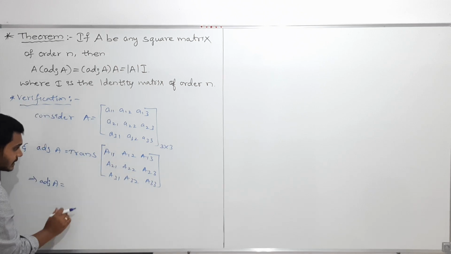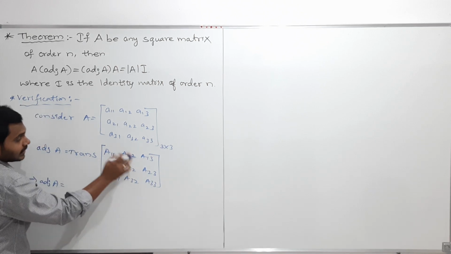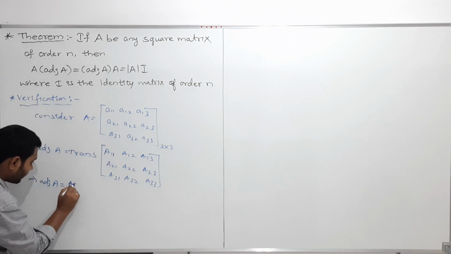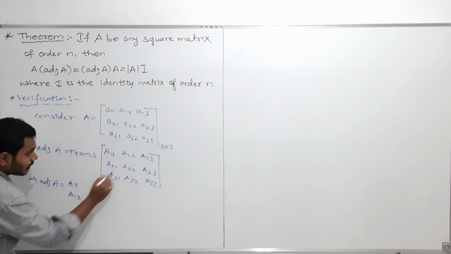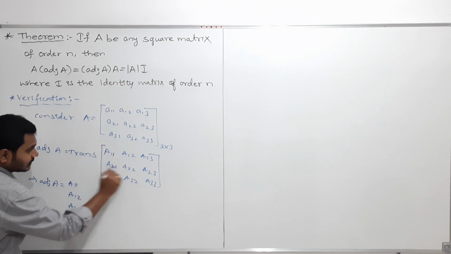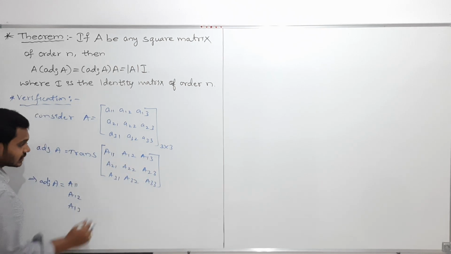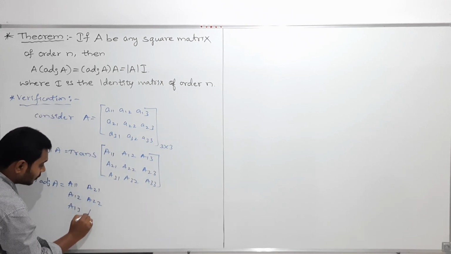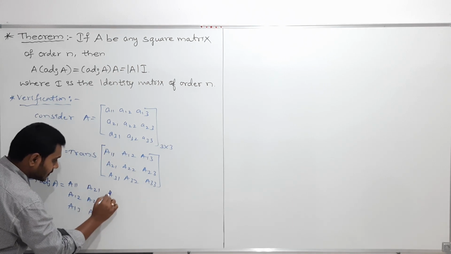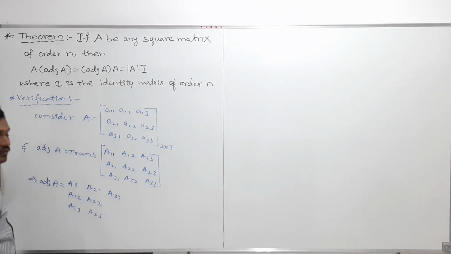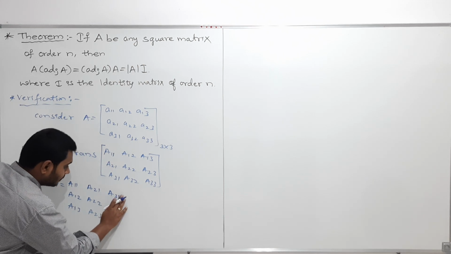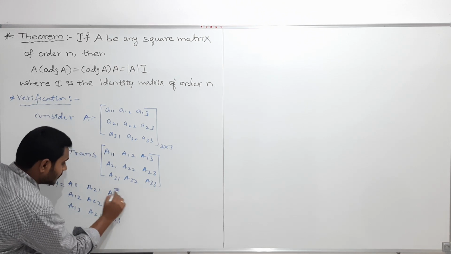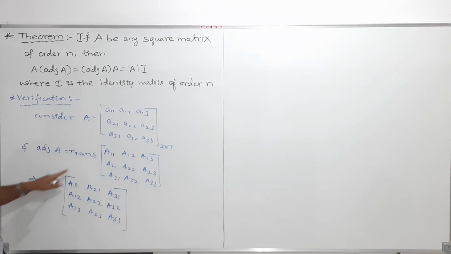So the first row I write as the first column: A11, A12, A13. The second row I take as the second column: A21, A22, A23. The third row I write in terms of a column: A31, A32, A33. So this is your adjoint of A.